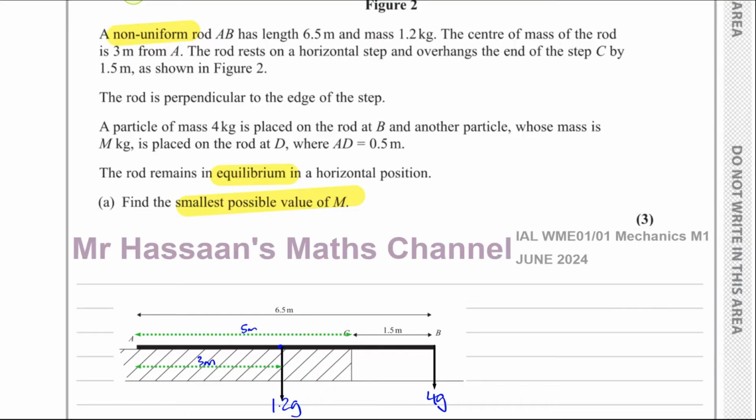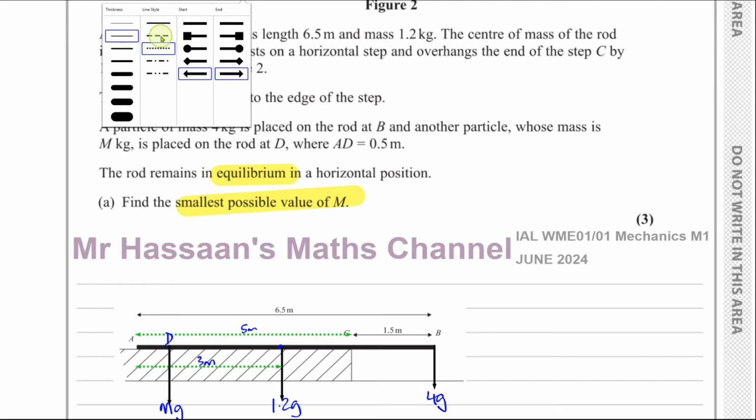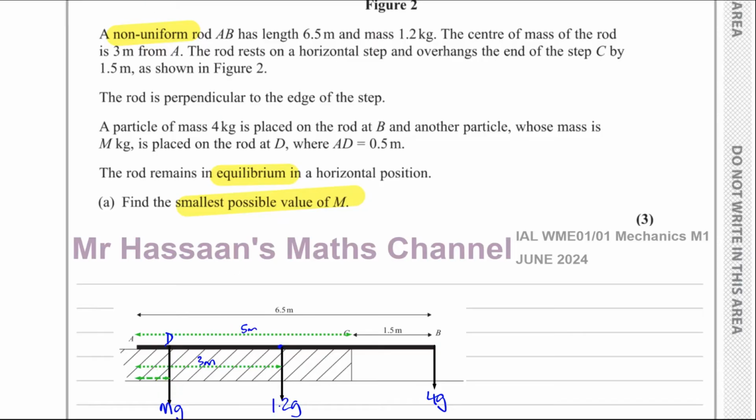So somewhere over here is where D is. That mass we don't know, it's mg newtons, and that distance we do know, it's 0.5 meters. So that's some of the information that we have.